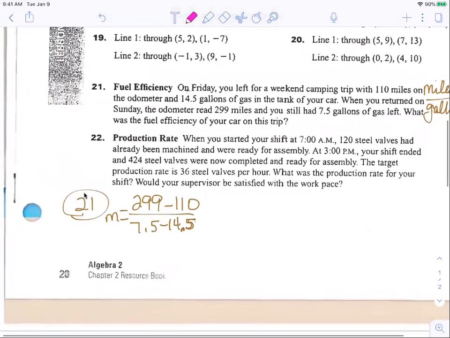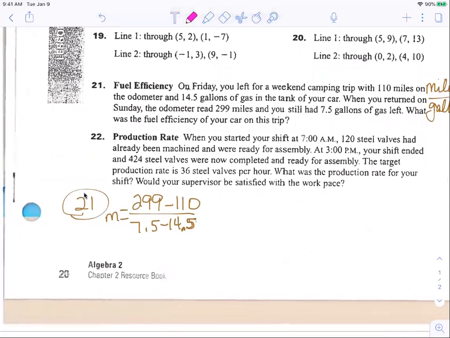Looking at what she is talking about here, you have a Y value of 299, or your odometer read 299 when your trip was complete. That's your second Y value. I could write that as 299 as a Y value if I wanted to write it as an ordered pair.